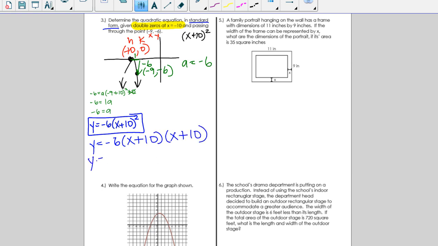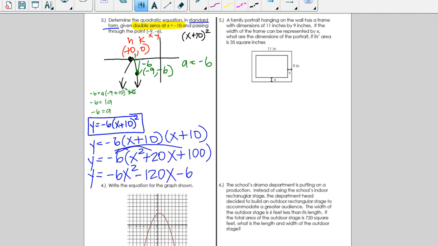So we have y equals -6, x times x is x squared. 10 and 10 is a positive 20x, 10 and 10 multiplied is 100. So then your last step is y equals -6x squared minus 120x minus 600. There we go. Now we got a real answer there. Okay. All right.